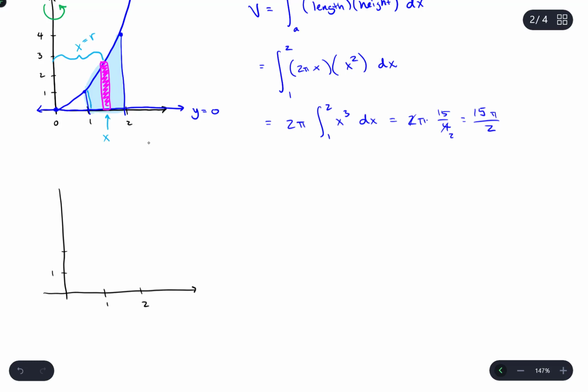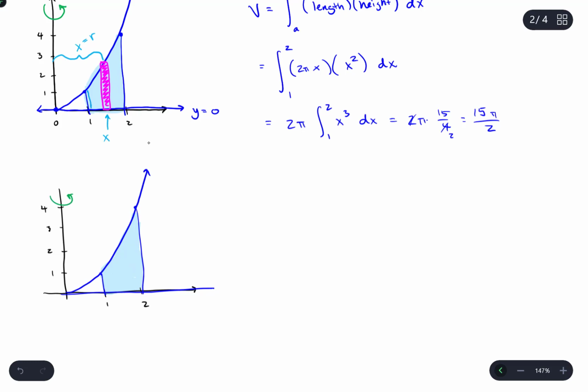So let me just copy down my region again real quickly. All right, so that point there, that point there, there. Okay, so here's my region now. Same region that's getting rotated. Rotating around the same axis.